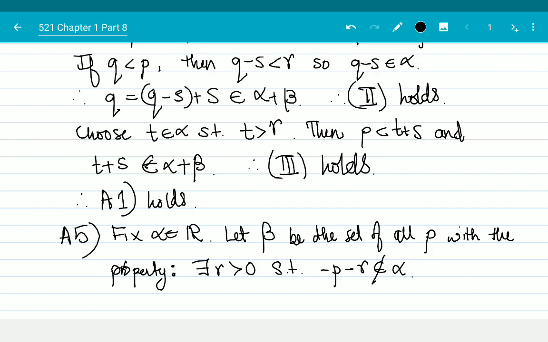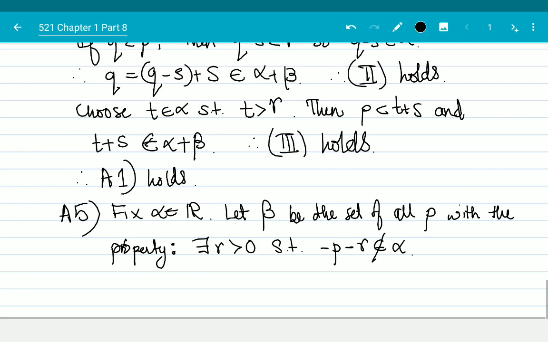Okay? What does that mean? It means some rational number smaller than negative P is not in alpha. Because negative P is a rational number, you're subtracting some rational number R, and together it is smaller than alpha.